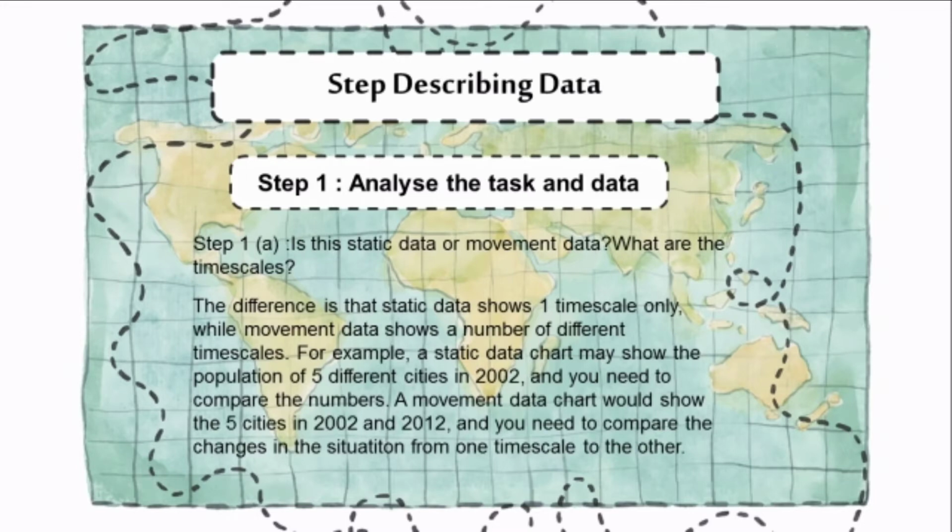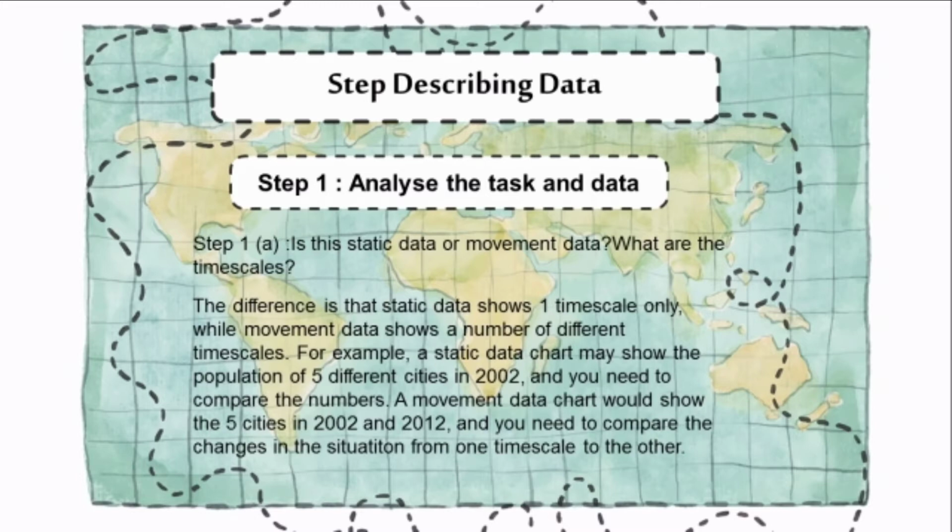Next, step describing data. Step 1. Analyze the task and data. Step 1, Part A. Is this static data or movement data? What are the times called? The difference is that static data shows one time scale only, while movement data shows a number of different time scales.